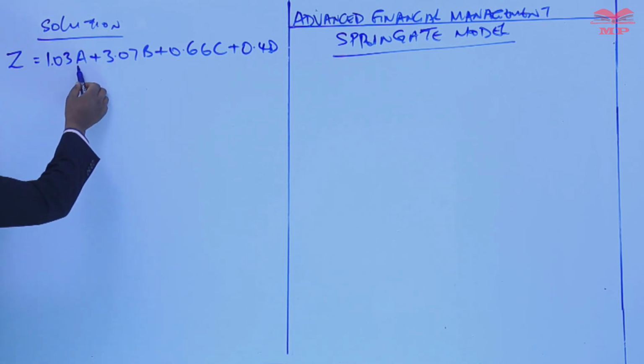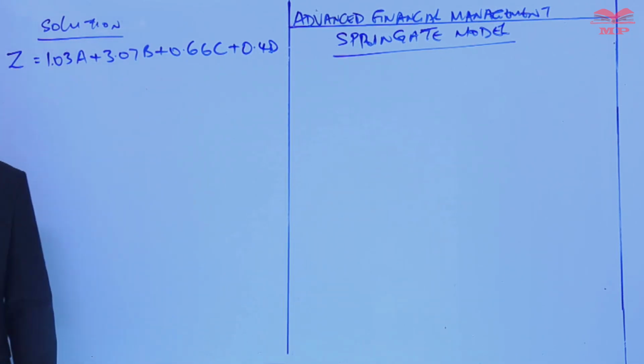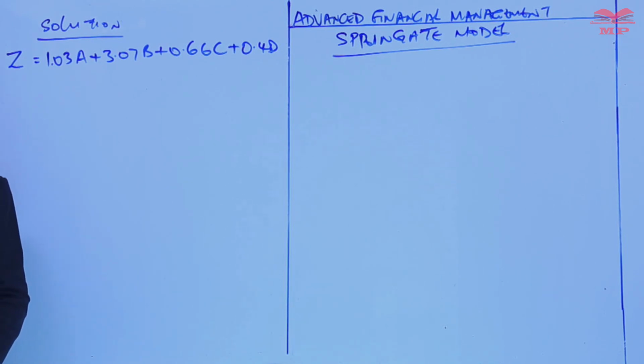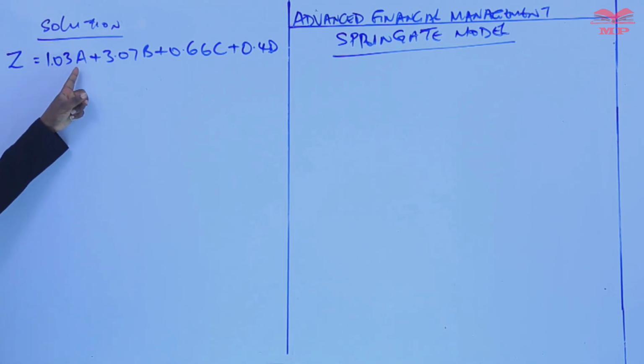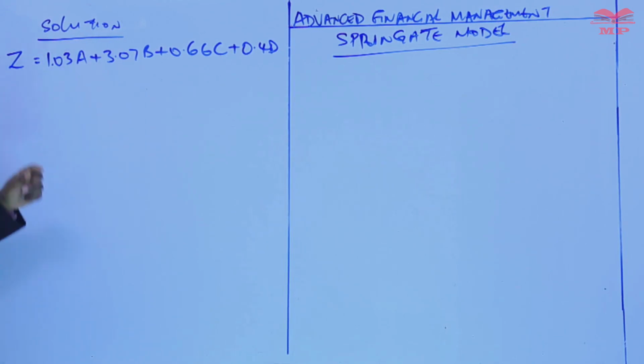And we are told A is the financial ratio, net working capital over total sales. B is the operating profit over total assets. C is the net profit before taxes over current liabilities. D is the sales over total assets. So after calculating those values, we replace them in this general formula, then we get a value.